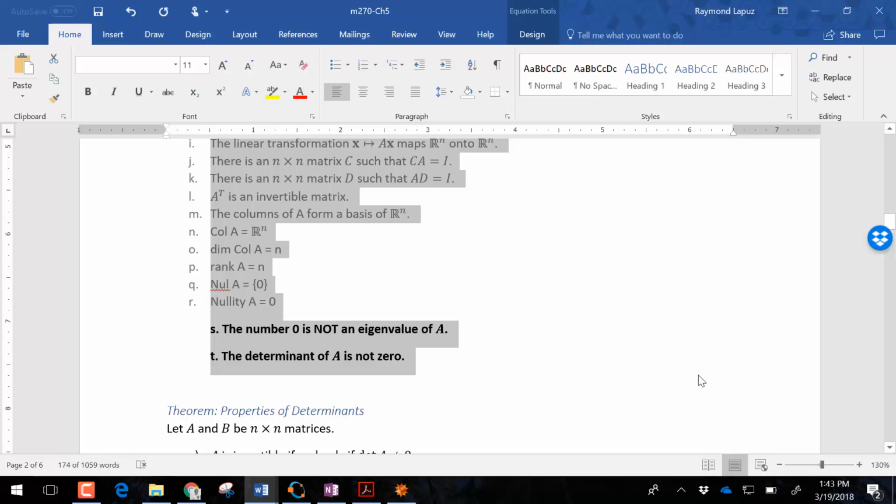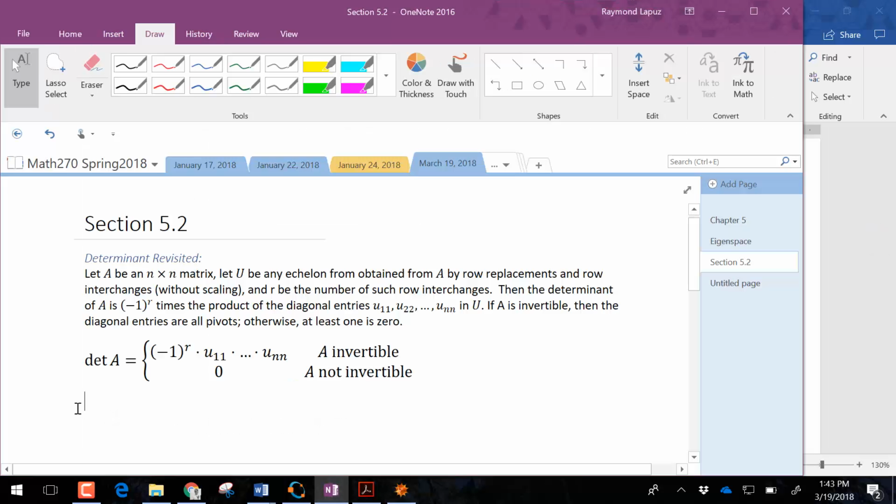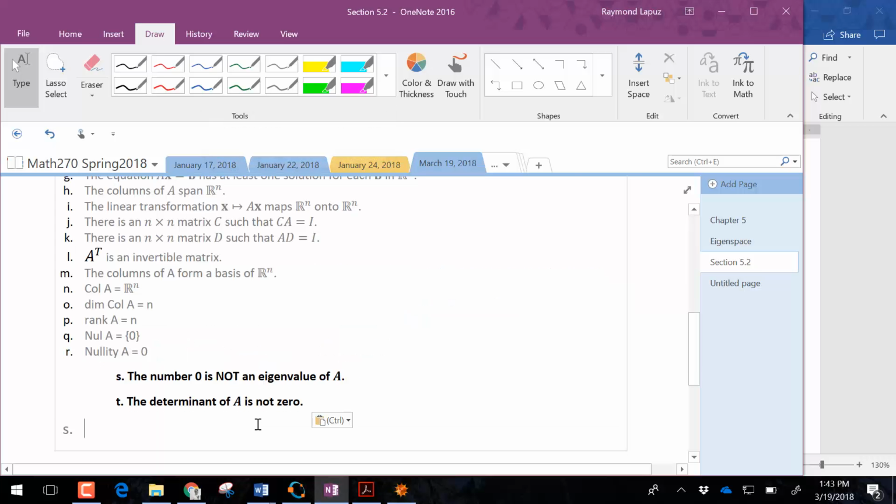I mean, if you scale, then you just have to compensate for that. But that gets more confusing if you do it that way, because scaling will change your determinant. If you swap, then your determinant will have a minus sign. If you scale, then you're starting to introduce numbers that change your determinant. Now you can adjust for it if you want.